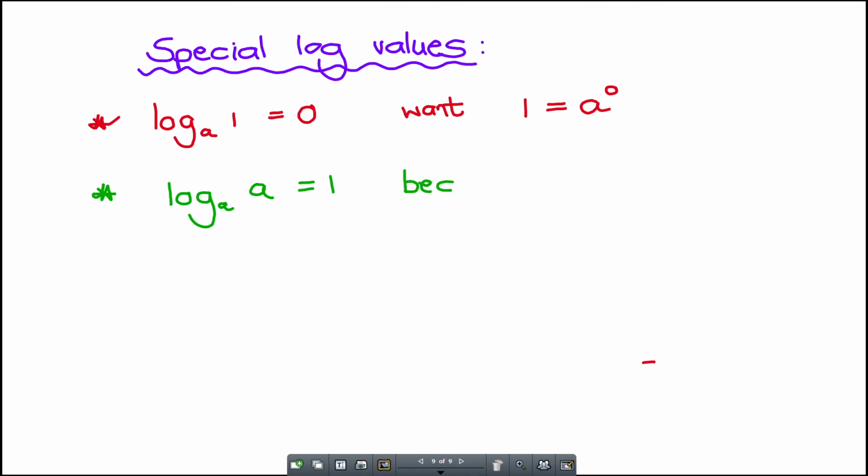Because if I write that in exponential form, it would be A to the power of 1 will be equal to A, sorry. No, makes sense? Okay, so onthou, especially this one they use a lot.